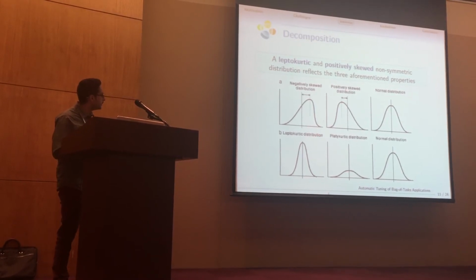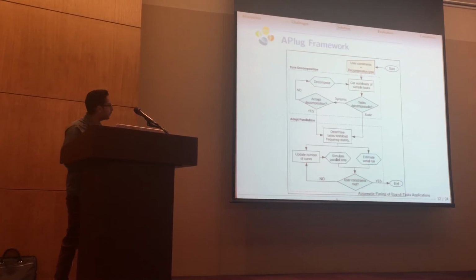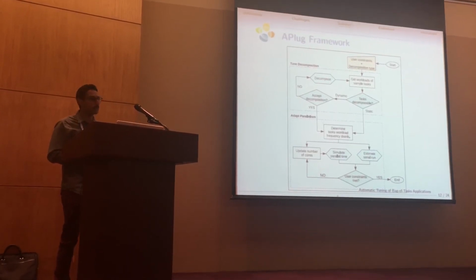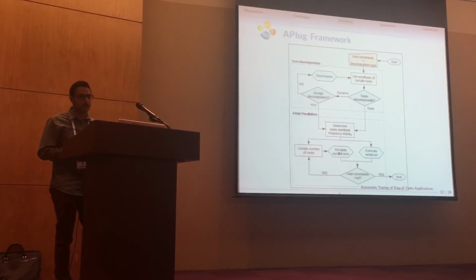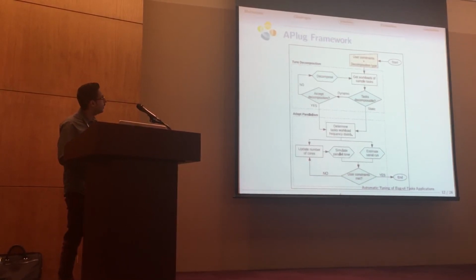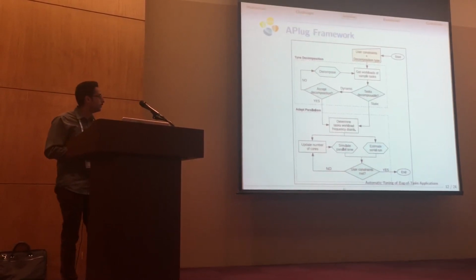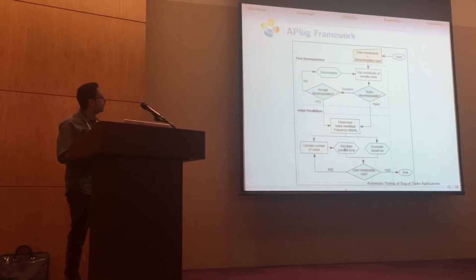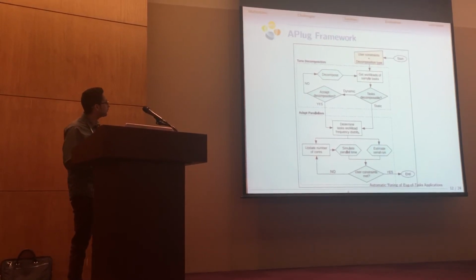And basically, this is a gamma distribution, which is why we use a gamma distribution as a model for workload frequency distributions. In a nutshell, the A-Plug framework works like this. The user constraints are fed into the library. A decomposition type is a property of your problem or your application.